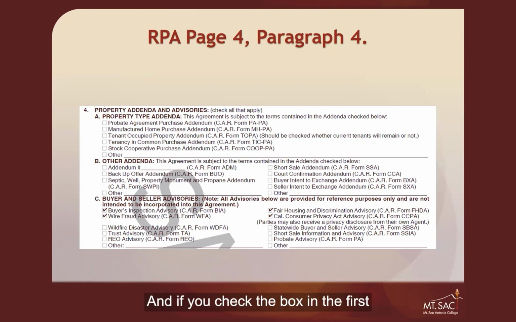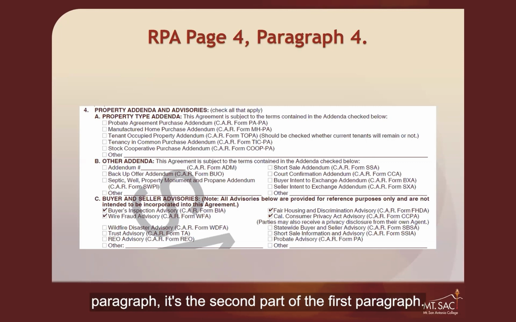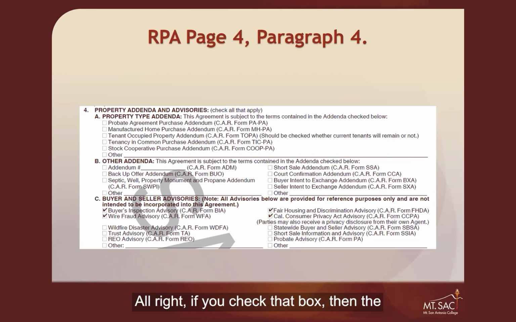And if you check the box in the first paragraph, or is it the second paragraph? It's the second part of the first paragraph. It's 1B of the first paragraph of the TOPA, all right? If you check that box, then the tenant must be out 5 days prior to close.